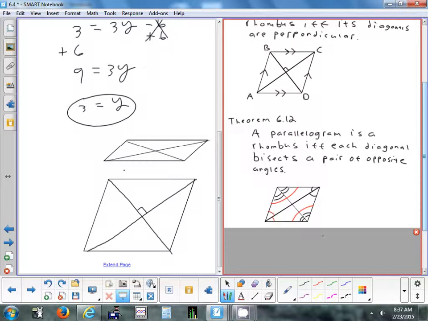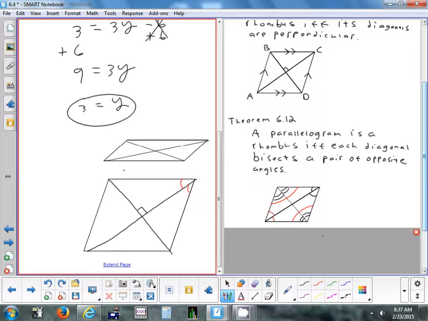But what we're saying is when you draw the diagonal in, it cuts that into 2 equal parts. Okay, and this is also 2 equal parts. And same thing on the other side. Cuts that angle into 2 equal parts, and that angle into 2 equal parts.